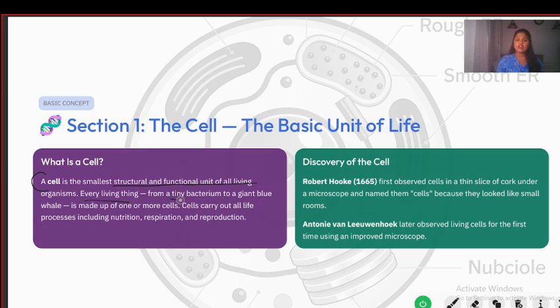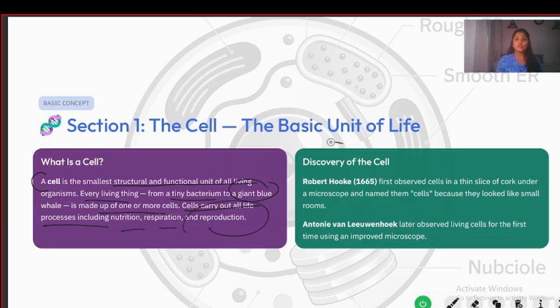Every living thing, from a tiny bacteria, tiny microbe, to a giant blue whale, is made up of one or more cells. Okay, tiny organism to a very big organism is made up of cells. They might have only one cell or they might have many cells depending upon the organism. Cells carry out life processes including nutrition, respiration, and reproduction.